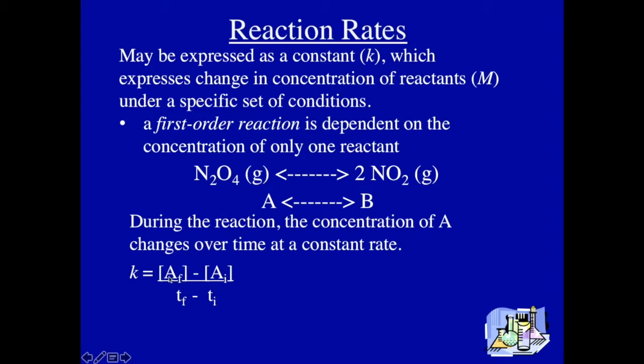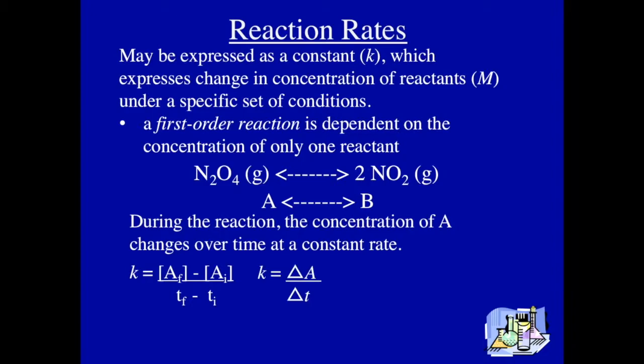This would be the final concentration of a compound A or an element A minus the initial concentration, and then that would be over the final time minus the initial time. You will not need to calculate these K values. You will need to calculate other K values, but not this particular one.